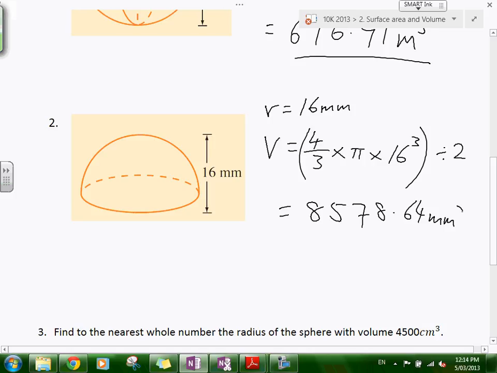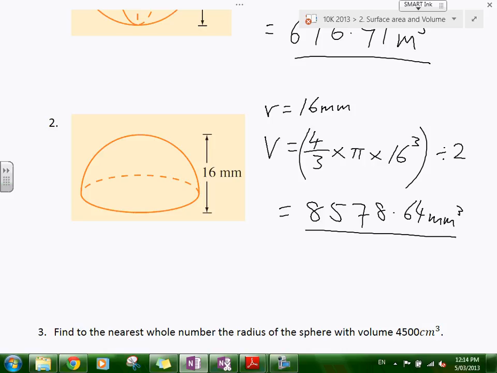Cubic millimeters. Alright? So that's the volume of a hemisphere with radius of 16 millimeters. Okay, so you're just applying the formula and using it. So just write down an example.